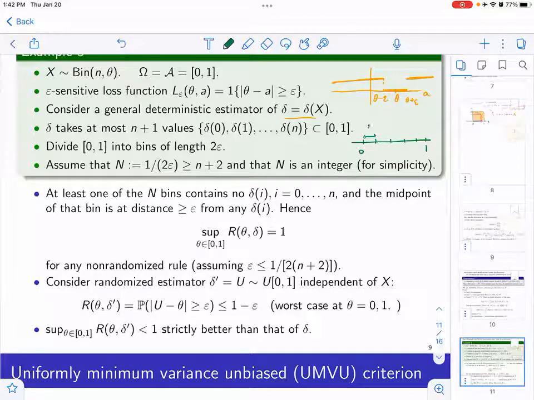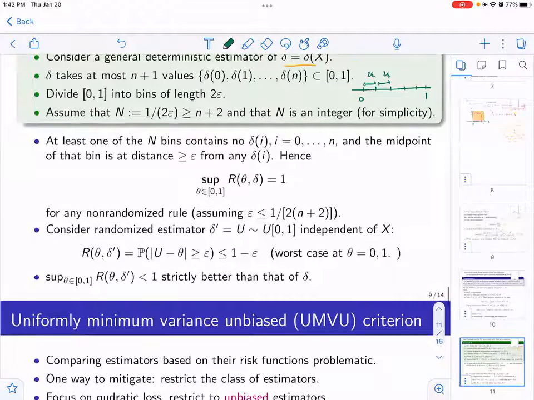The length of each one is 2 epsilon. And assume, let's say, 1 over 2 epsilon is an integer for simplicity, and it's bigger than n plus 1. So epsilon is small enough such that this number of bins is bigger than the sample size plus 2.